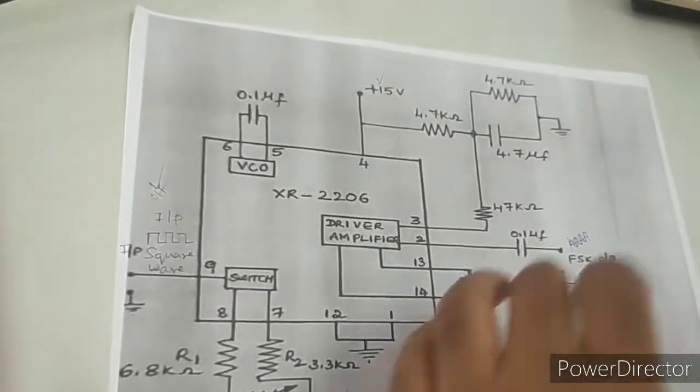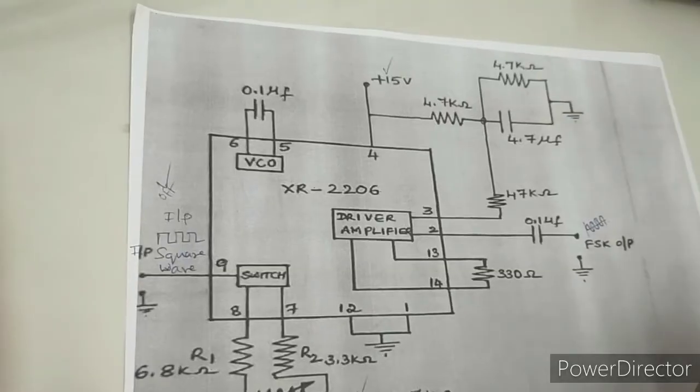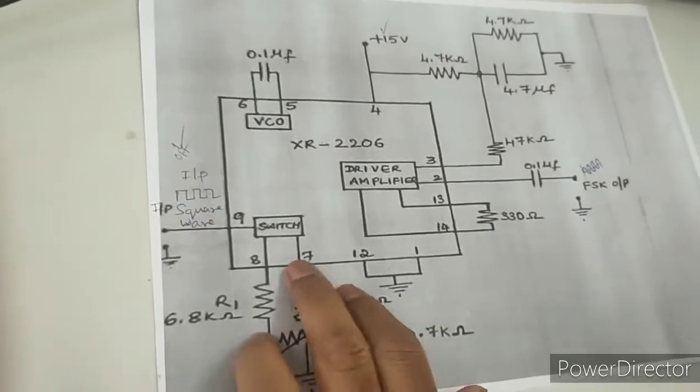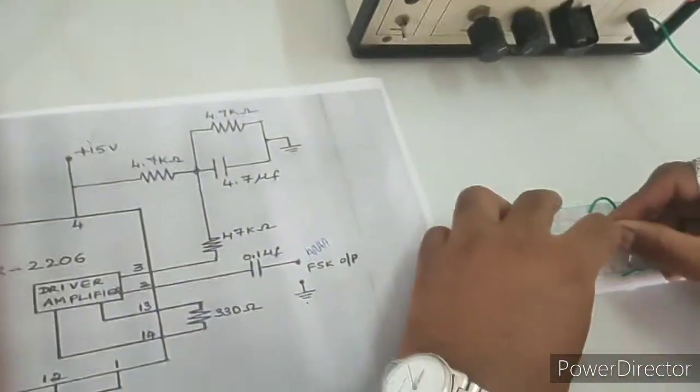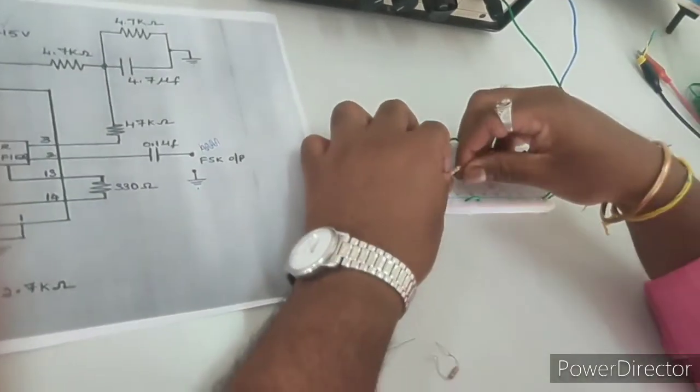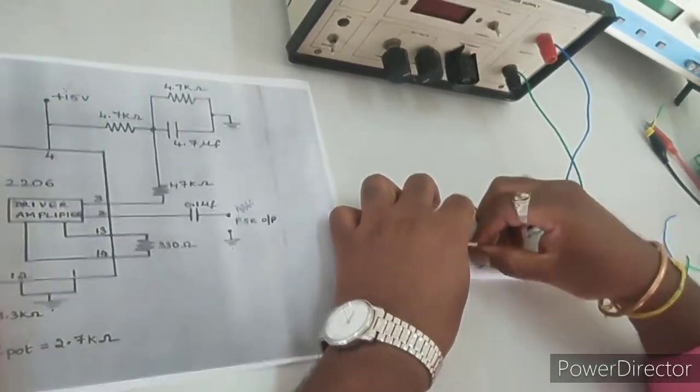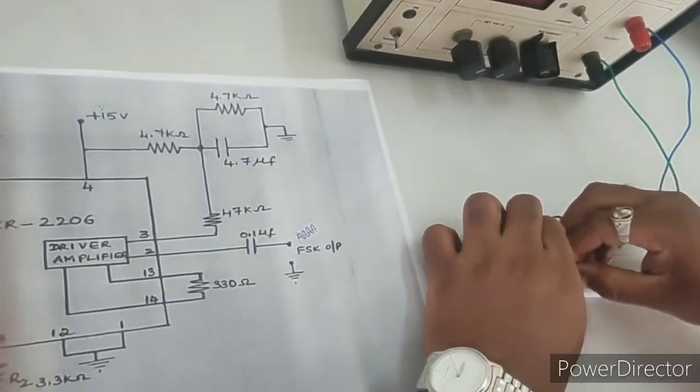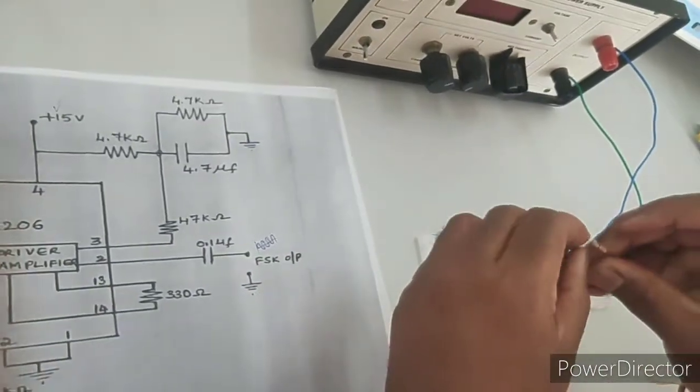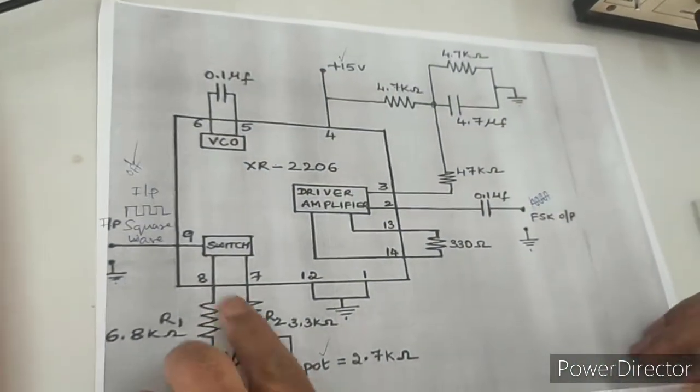So coming to the other values, this is 3.3K. It is from pin number 7, 5, 6, 7. Just keep it in open end. 6.8K.